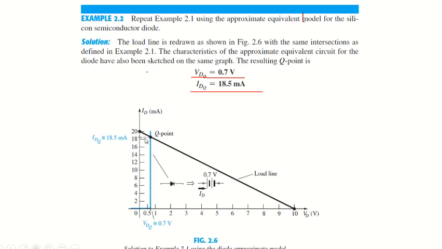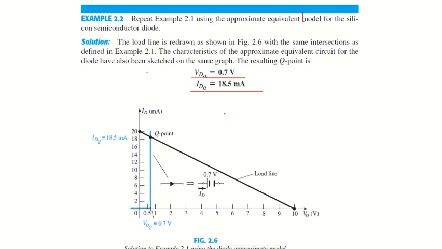The value is around 18.5 milliampere, the same value which we have seen in the previous example. So there is not much difference here. The only difference is it has a straight line here. At 0.7 volt it will allow the maximum current, whereas at 0.6 volt or 0.5 volt, less than 0.7 volt, the current is straight away equal to 0. It can be seen from here.